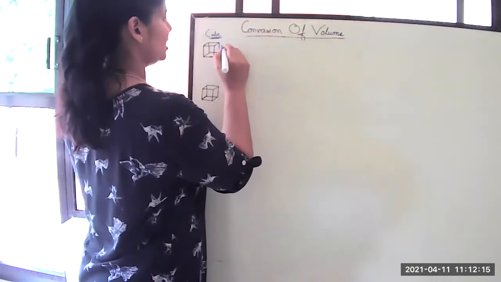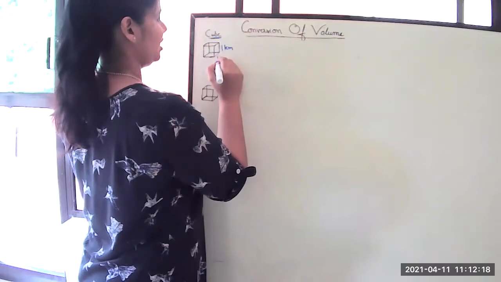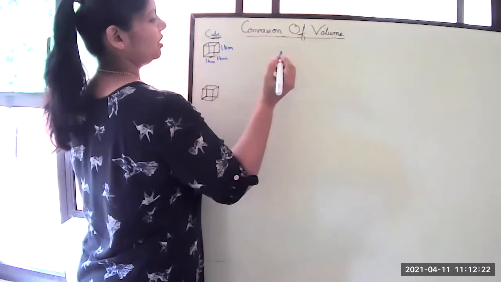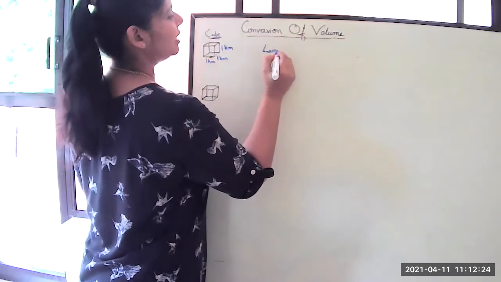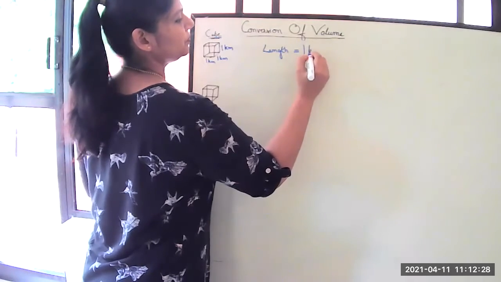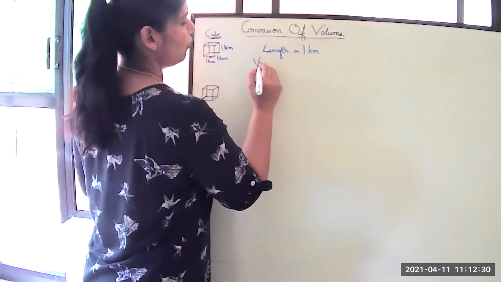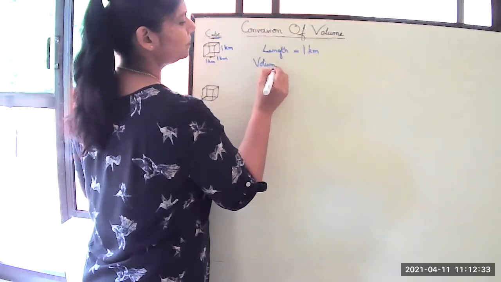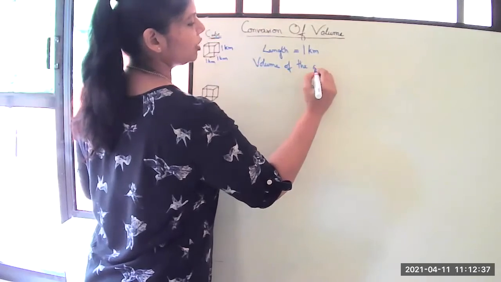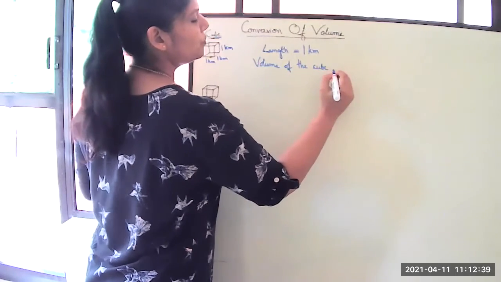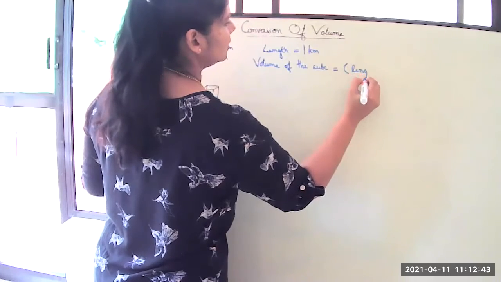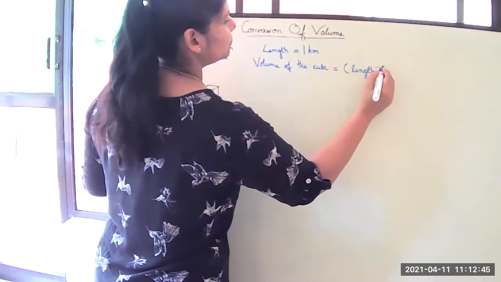So I am giving it as 1 kilometer. Each side 1 kilometer, so length is 1 kilometer. So the volume of the cube, we are dealing with a cube, so volume is equal to length cube.